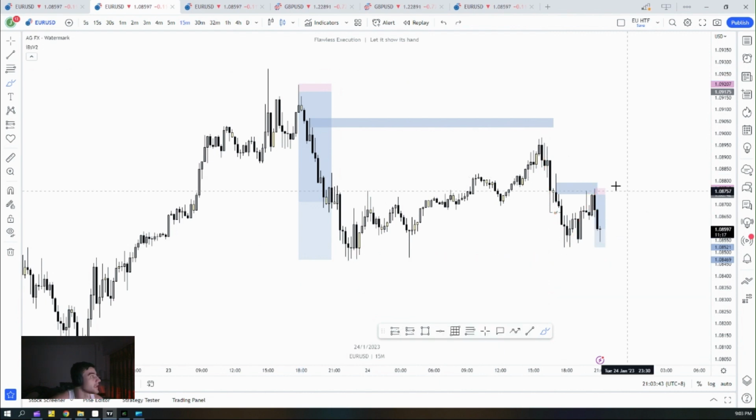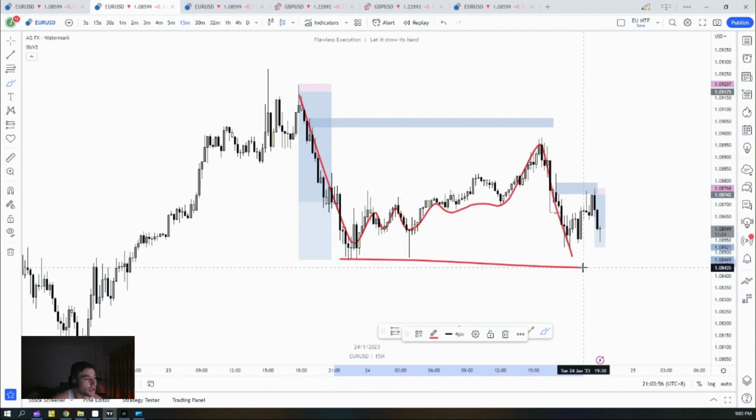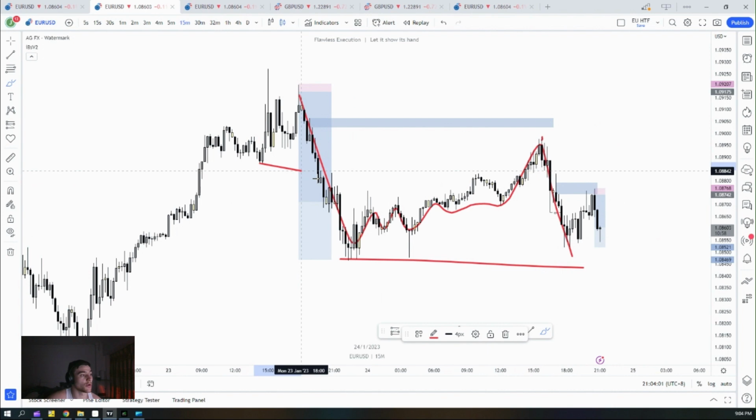Now, why did I take this trade? As you can see, on the 15-minute time frame, we have impulse, correction, impulse. We failed to take this low at this moment in time. That doesn't mean the high is weak, as the 15-minute has gone bearish. So we are still trading pro trend, and we have bearish order flow.